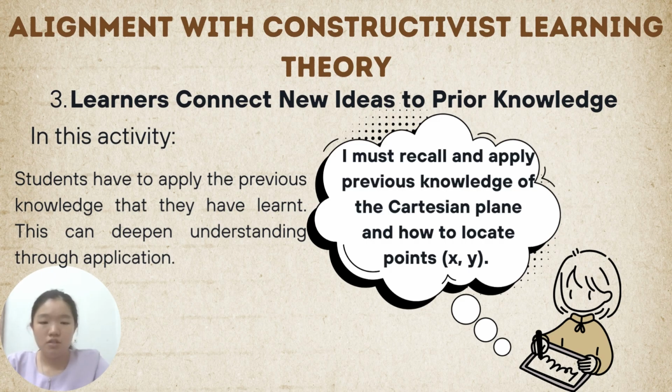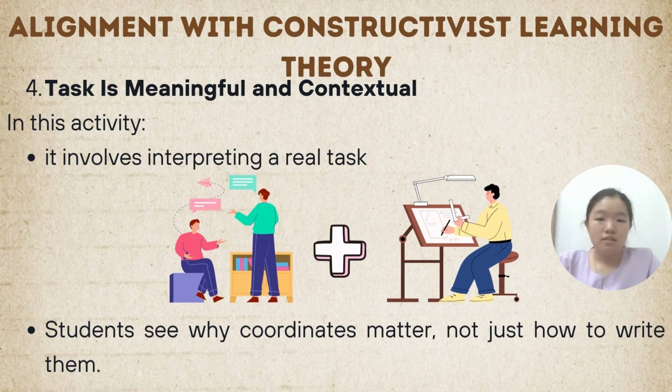The fourth one is that the task is meaningful and contextual. This activity involves interpreting a real task, which is communication and drawing. So students will see why coordinates matter, not just know how to write them.